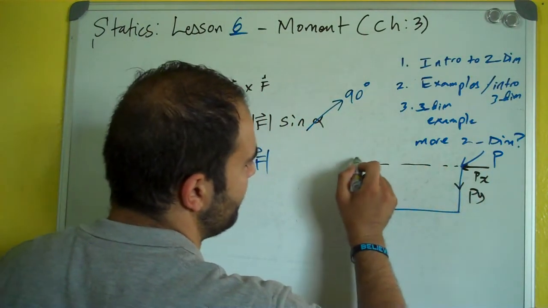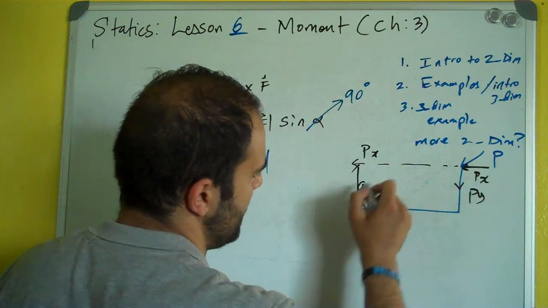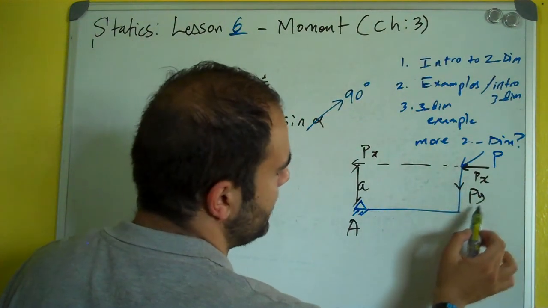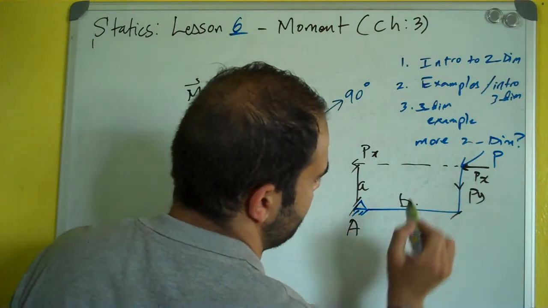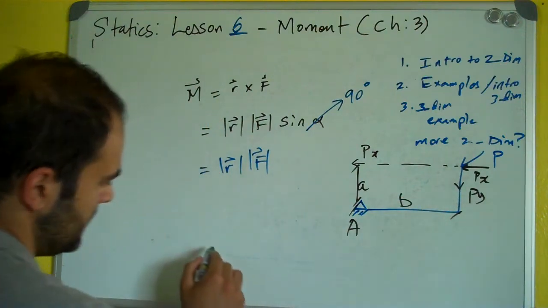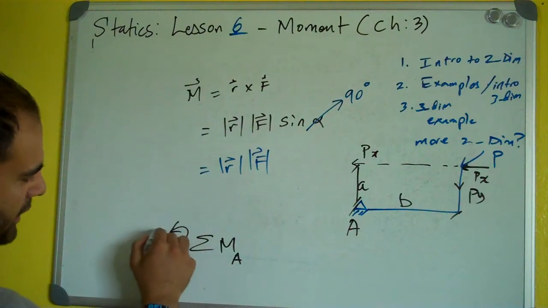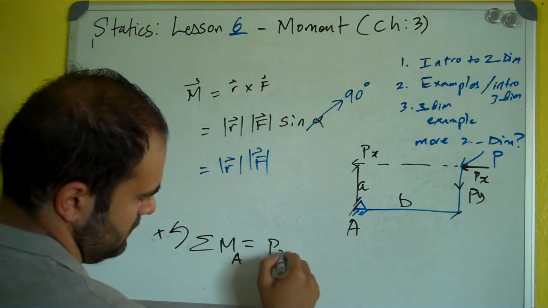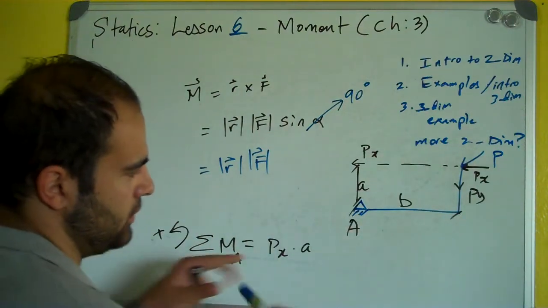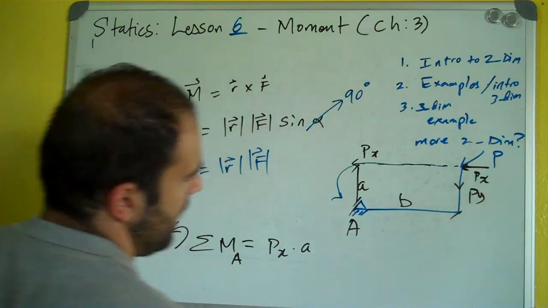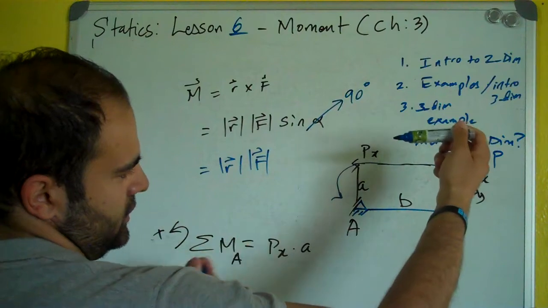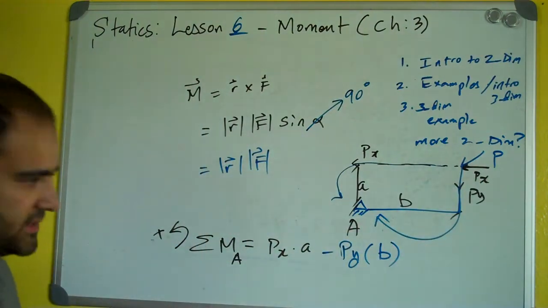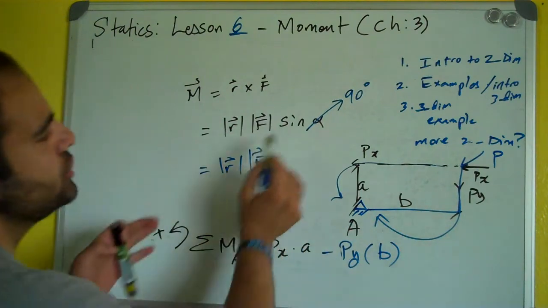If you move this Px here, this is your perpendicular distance, A, to point A, and your perpendicular distance for Py with respect to A is going to be this arm, let's call it B. So your moment at A, with counterclockwise positive, is going to be Px times A, counterclockwise, because P going to A turns it counterclockwise, and then Py times B, which is clockwise. Just a hypothetical example.